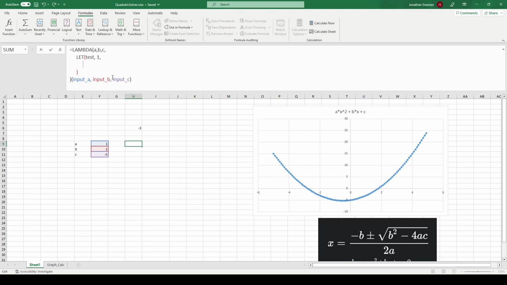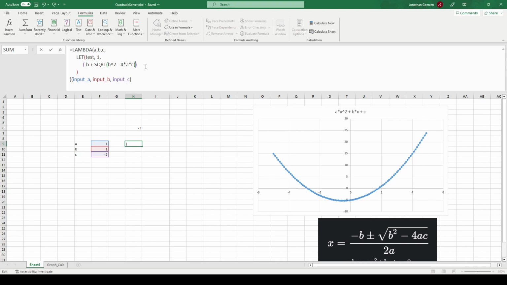We're going to go, and I'm going to add a parentheses right away, but minus b plus, and I know it says plus or minus, but I'm going to pick plus for now, plus the square root of b squared minus 4 times a times c, close my square root, so I've got minus b plus the square root of b squared minus 4 times a times c.